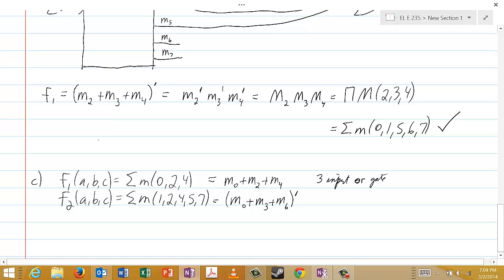So for this one, we would want a 3-input NOR gate. That would be the way that you would realize that pair of functions.